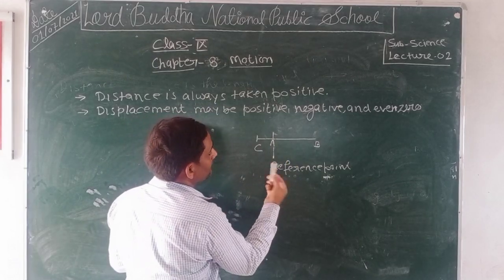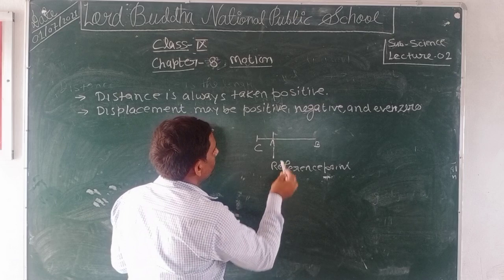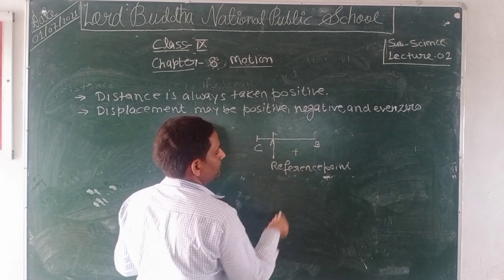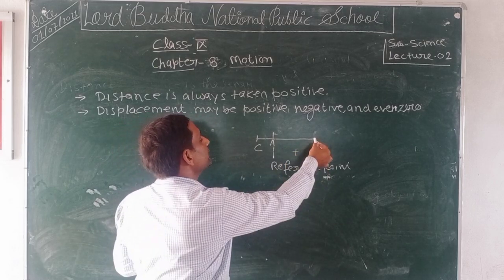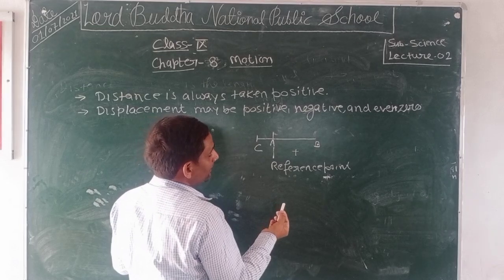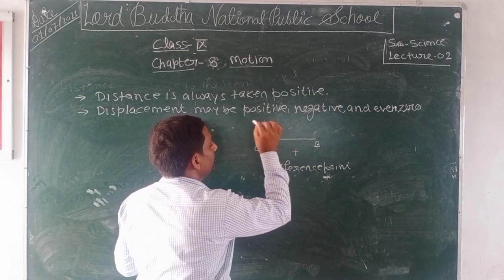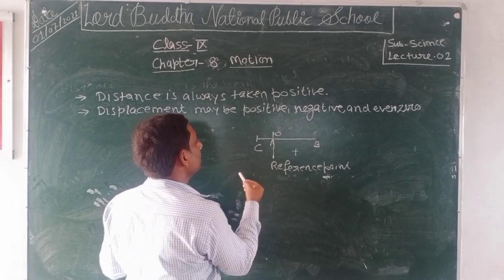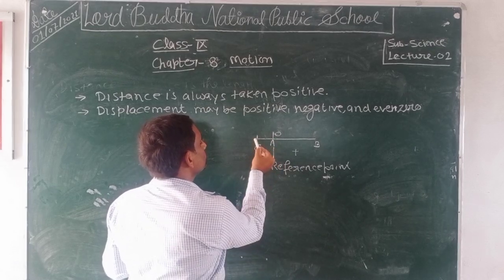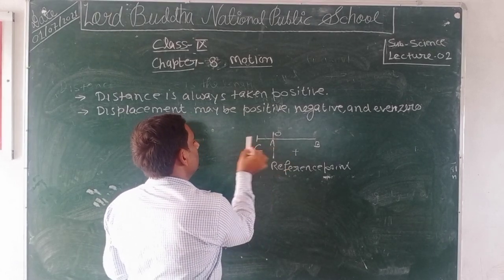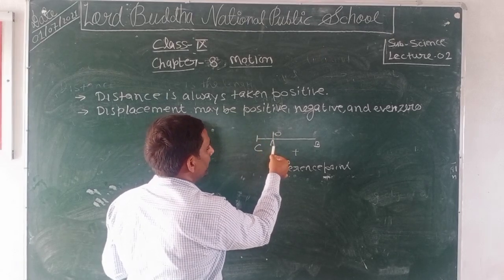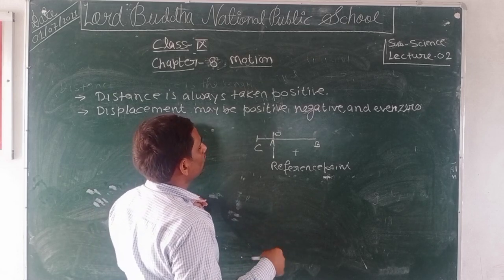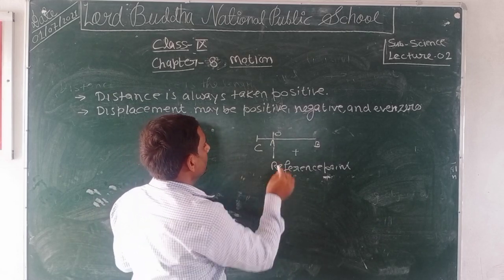When anyone asks what the displacement from A to B is, then it will be positive in this condition. But when he returns from B to A, the displacement is 0. And if anyone asks the displacement if he reaches C, C lies to the left of the reference point, hence we take it as negative.